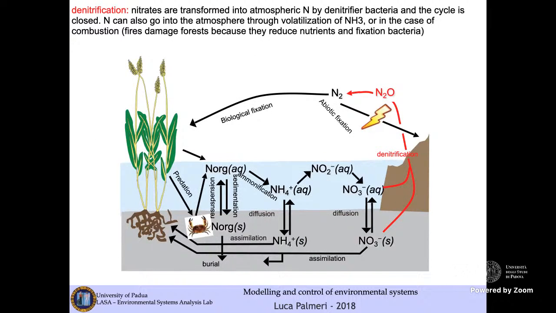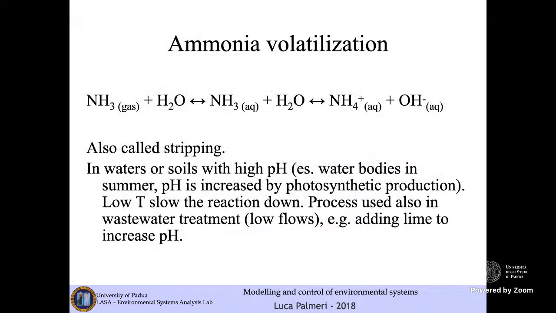Then we have another important process, the reverse process that transfers nitrogen from a water column to the atmosphere, and this process is called volatilization.